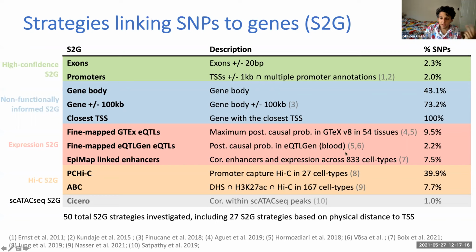The second point is that these functional data sets also differ in the number of biosamples they have. Just keep in mind that these eQTL strategies use a lot of data, on the order of more than 10,000 experiments, whereas the linked enhancers use really few data sets. Basically, they detect enhancers in one cell type, and then have some methods to link them to the gene.